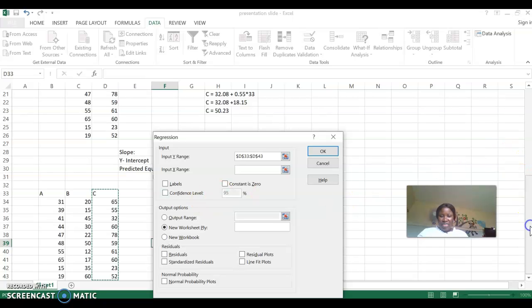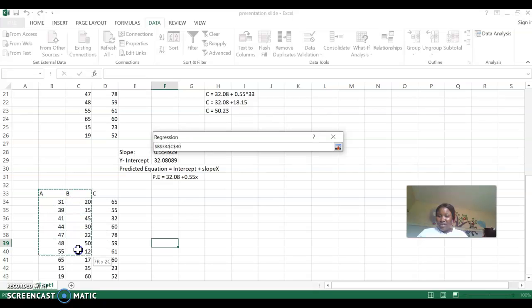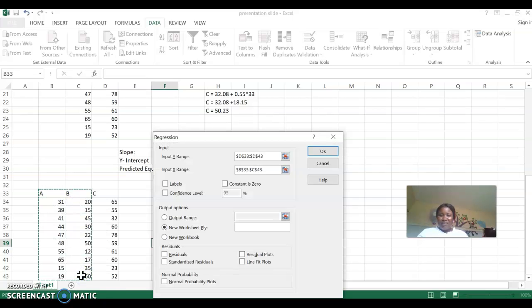That's the C value. Then for X range, I'm going to be selecting A and B. Like I told you, we are looking at multiple linear regression, so we are going to be selecting A and B. So that's the value of A and B. Okay, then I'll come here, check my label, then my output range where I want it to display.